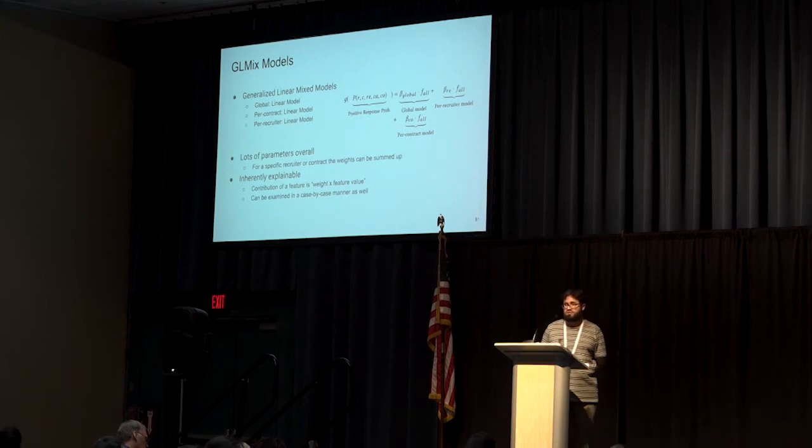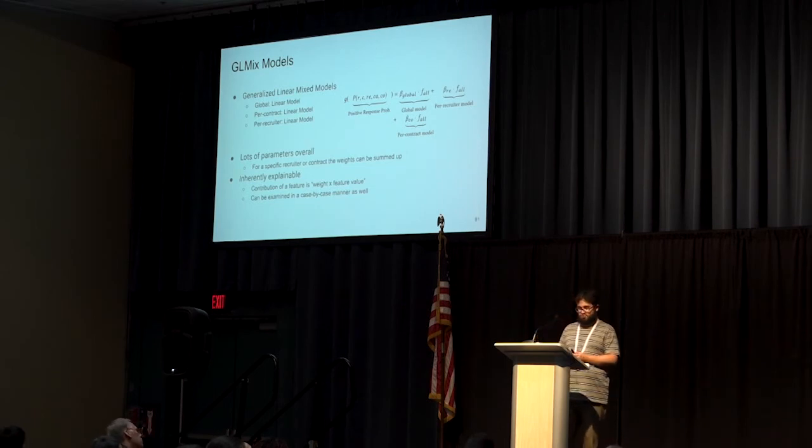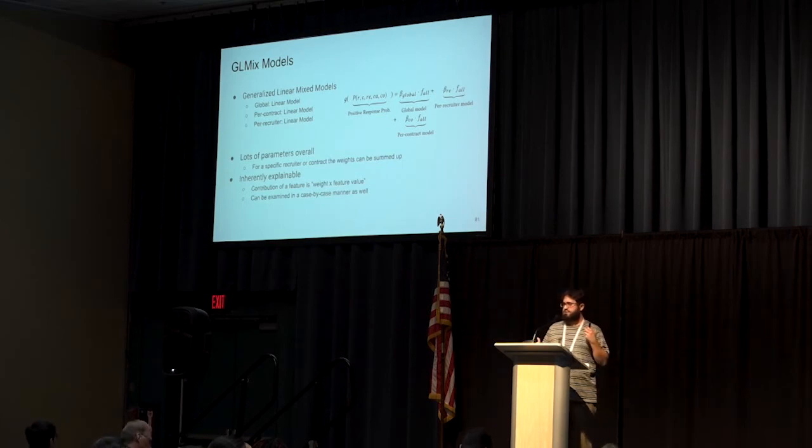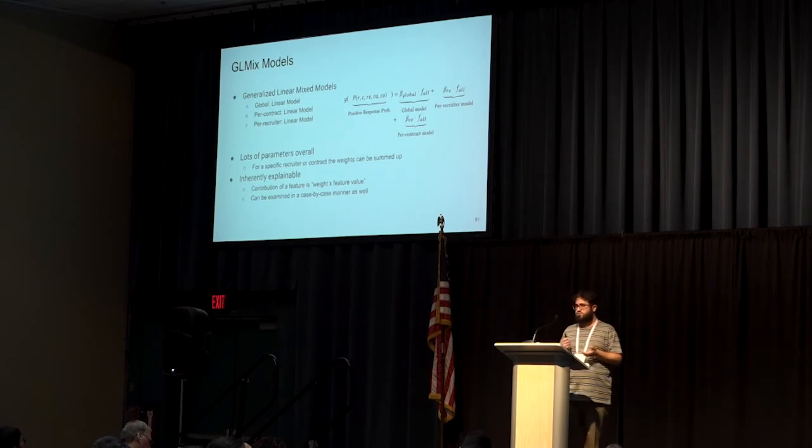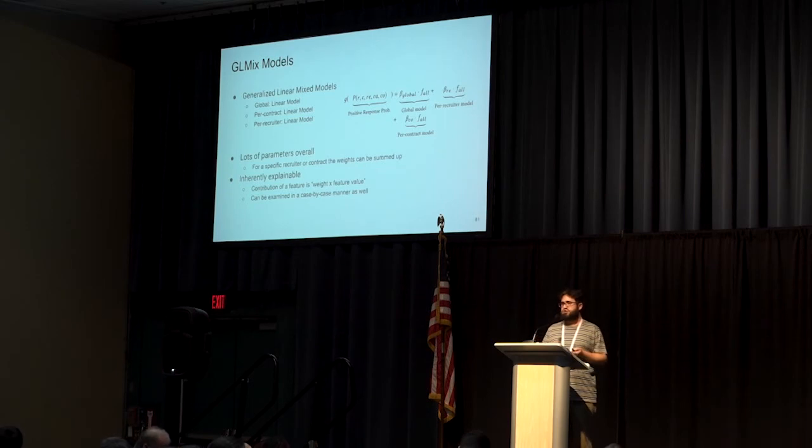Meaning that if you give me a case, for a given recruiter and for a given contract, I can combine these linear weights and understand what was important for this case, which is good for both the case-by-case analysis and globally. You can check which entities are seen at what frequency within the app, and you can see the contribution of these features by averaging over different entities.